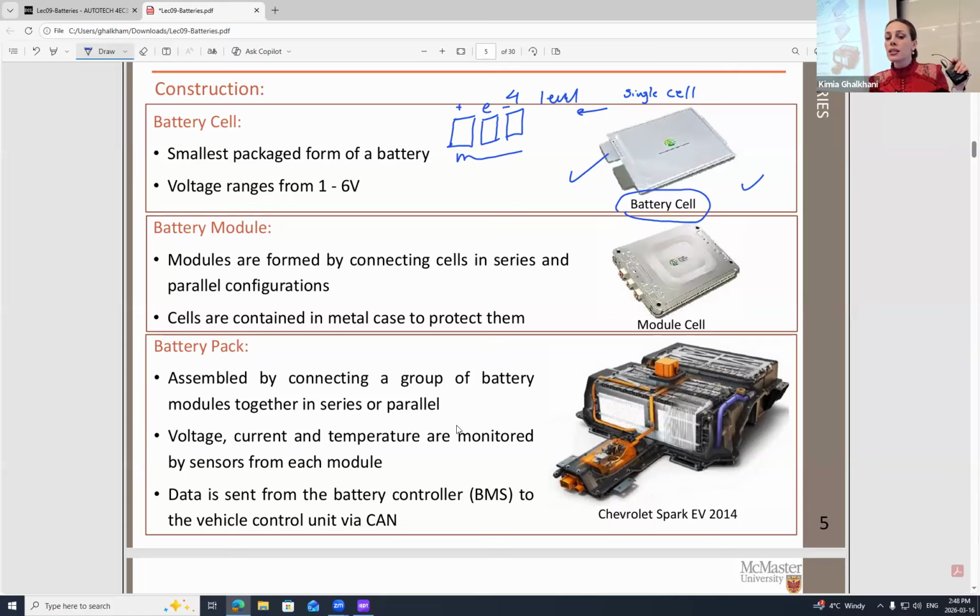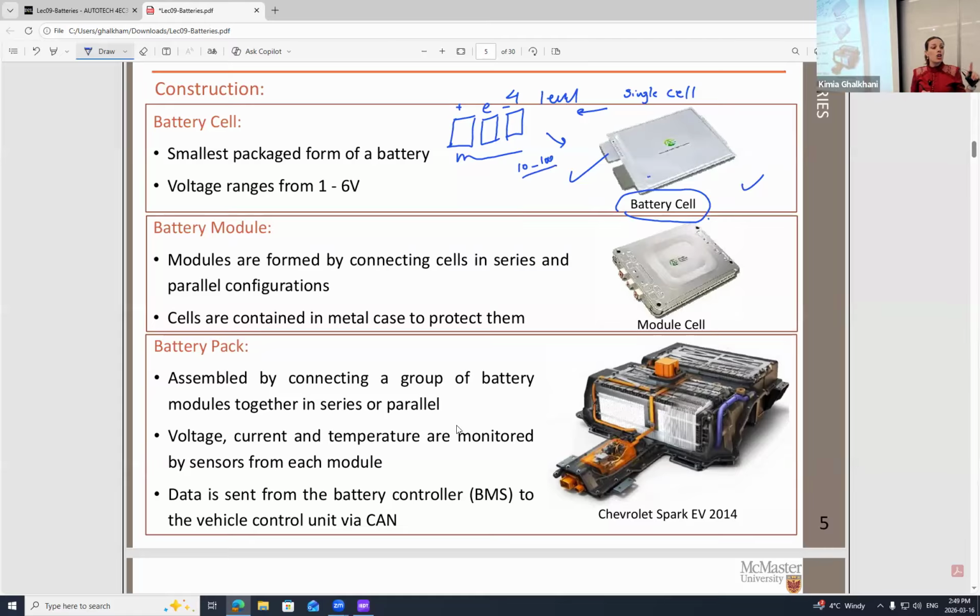But when we say single cell, it means I'm creating a battery. Still, it is a battery, but it has only one cathode, one anode, and one electrolyte. But what you see in your devices is not one. We call it a battery cell, but inside this cell, based on the device that you are using, you may have 10 to hundreds of single cells.